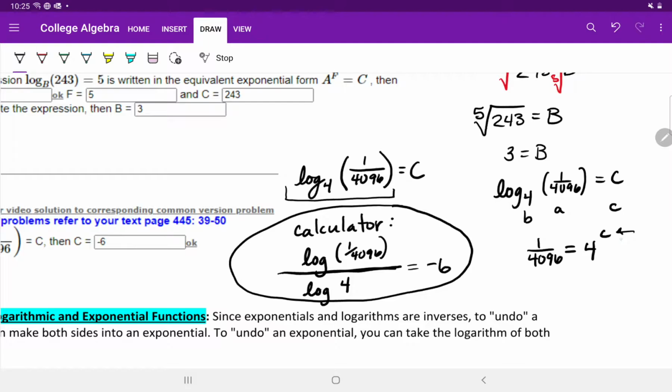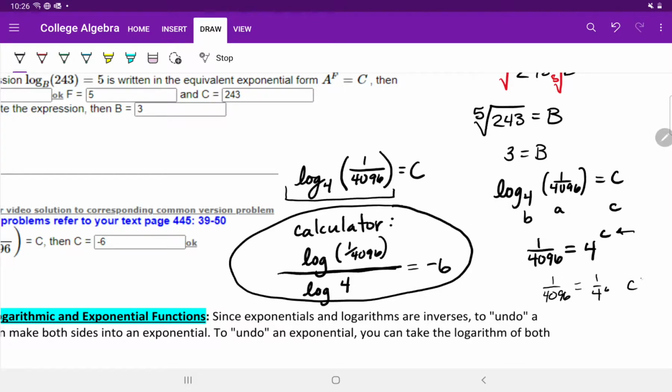So we know that c has to be a negative number because that's going to turn our 4 into a 1/4. And then we have to figure out what power we would take this 4 to turn it into a 4096. And you could kind of mess around with your calculator there. The answer would be 6. So 1 over 4 to the 6th would get you 1 over 4096.